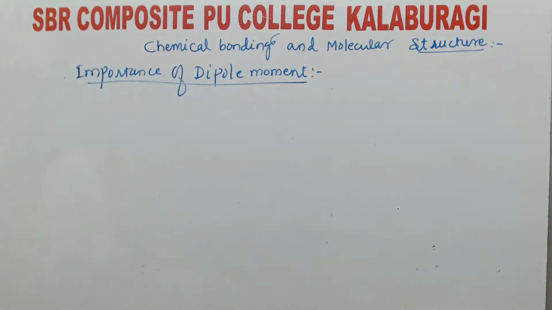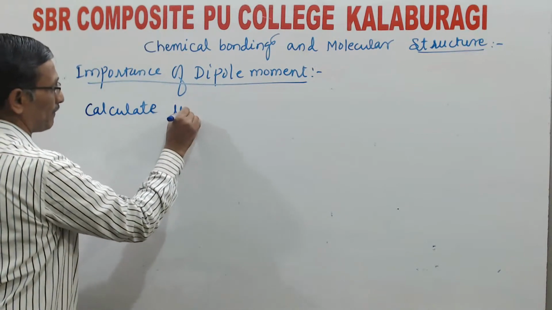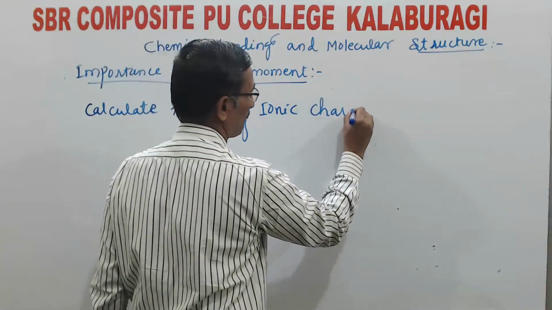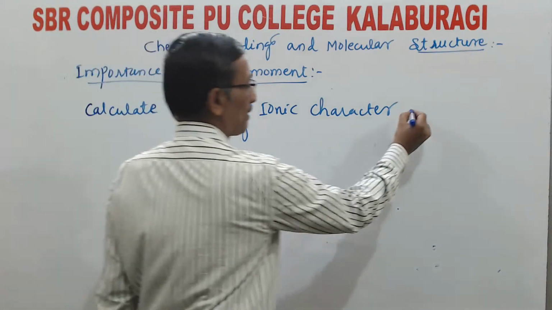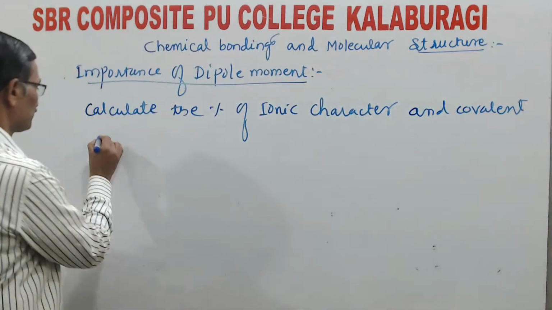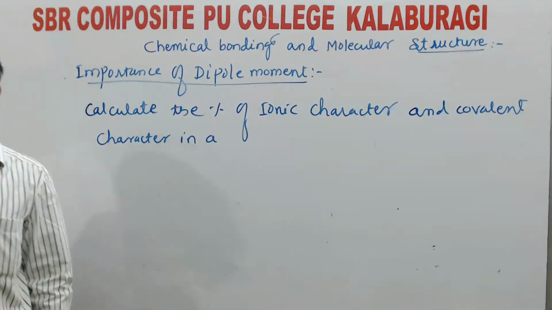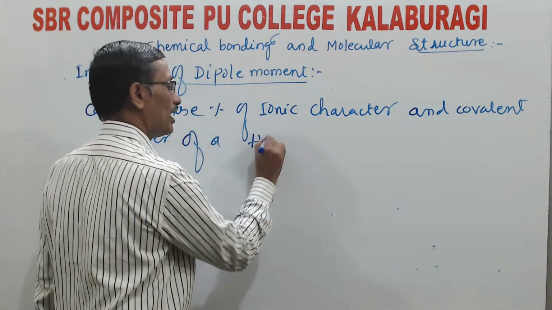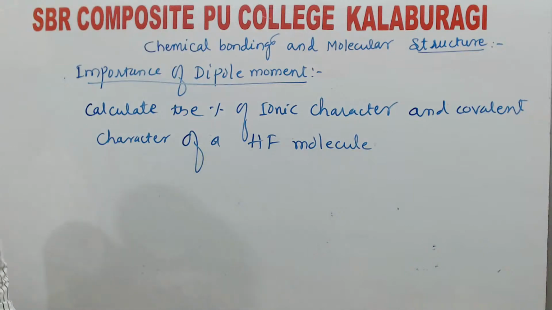Calculate the percentage of ionic character and covalent character, both I am writing, of a hydrofluoric molecule. HF molecule I am taking.